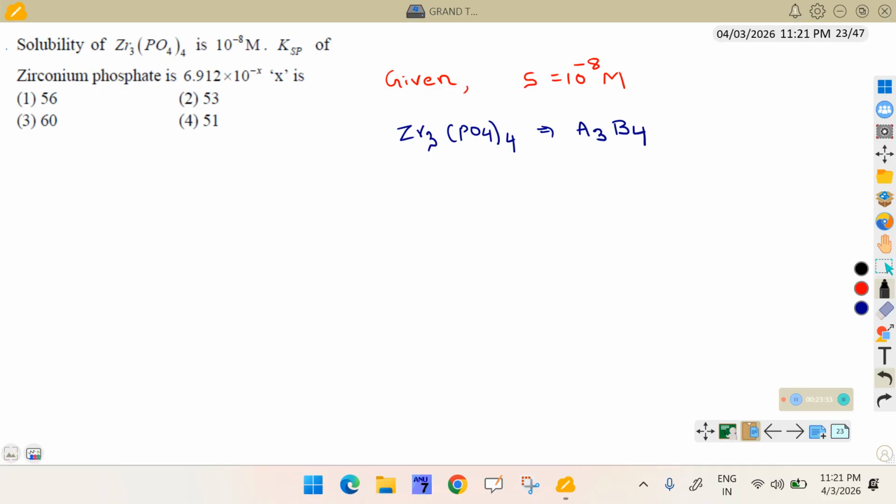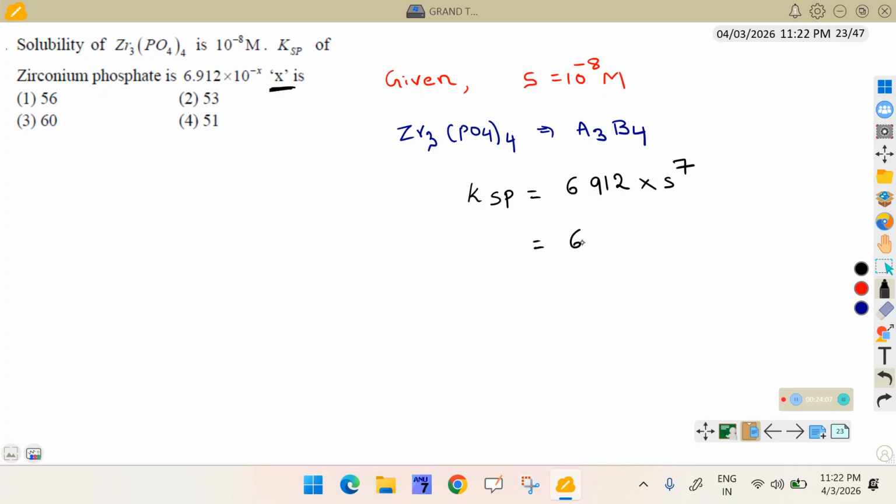The solubility of Zr3(PO4)4 is 10 power minus 8 molar. The Ksp of zirconium phosphate is 6.912 into 10 power minus x. Then x is, first of all, zirconium phosphate is A3B4 type of salt. For an A3B4 type of salt, Ksp is equal to 6912 into s power 7.